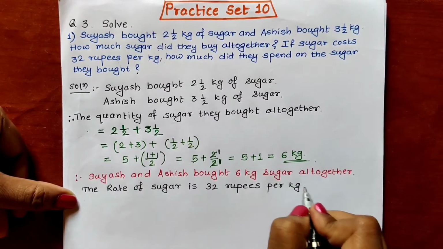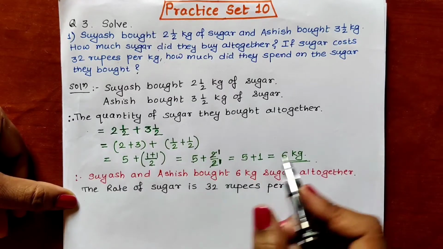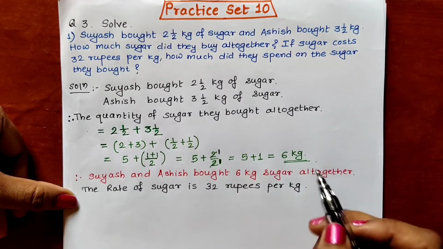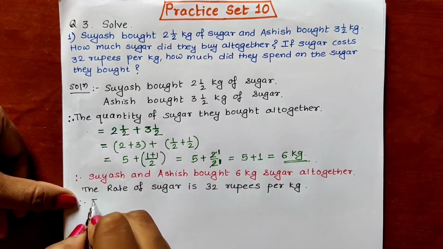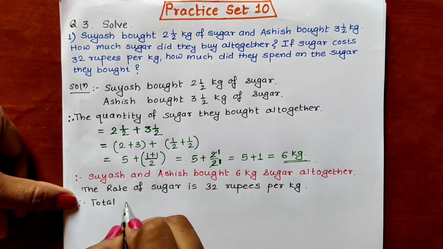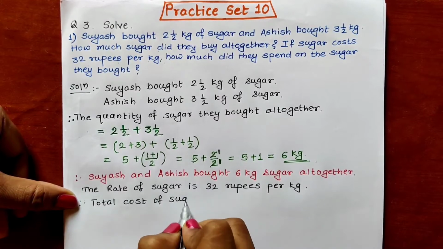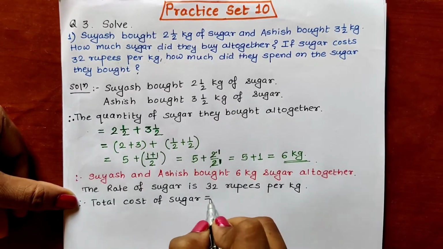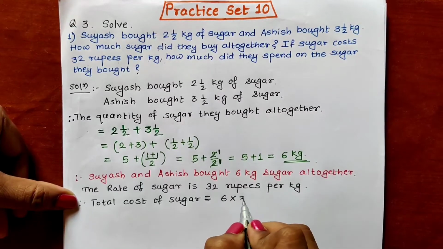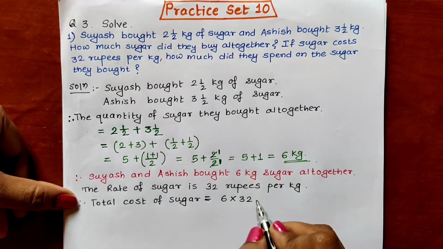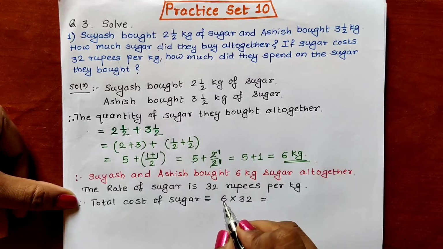That means 1 kg cost 32 rupees. So we have to find out what is the cost of 6 kg. Therefore, total cost of sugar is equal to 6 into 32 or 32 into 6. You can write anything. What is 6 into 32?